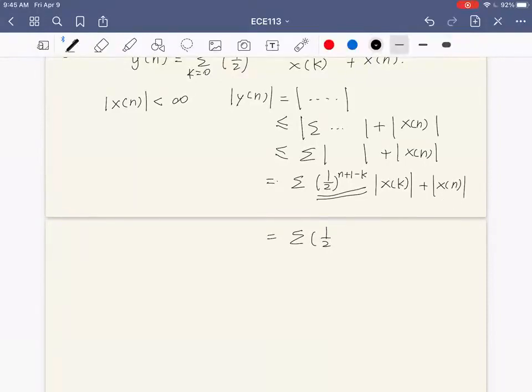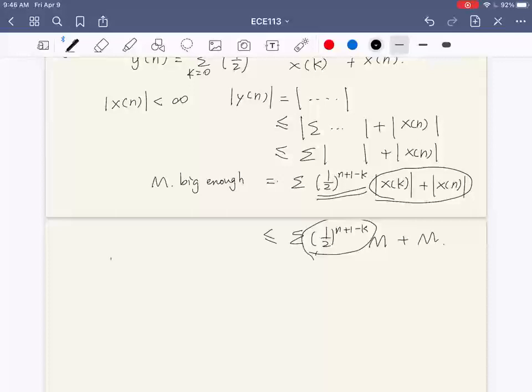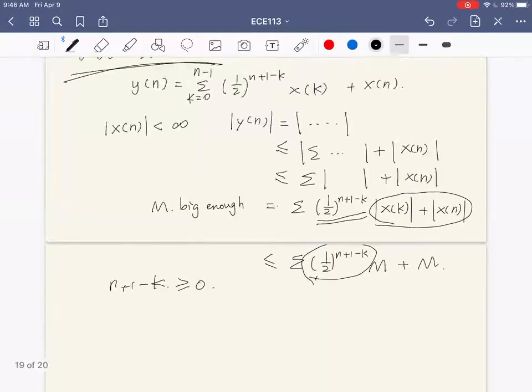So let's say that because they are finite, we can find a number that's large enough to be bigger than them, right? Let's say the number is m. We can represent plus m, right? And we know that the m plus 1 minus k should be non-negative, right?